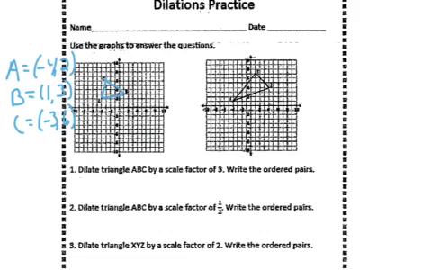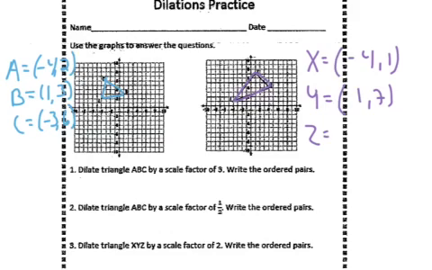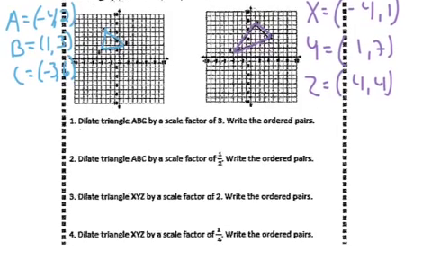Over here, for this triangle, X, Y, Z, X's ordered pair would be negative 4, 1; Y is 1, 7; and Z is 4, 4. I want you to try to answer questions 1, 2, and 3.